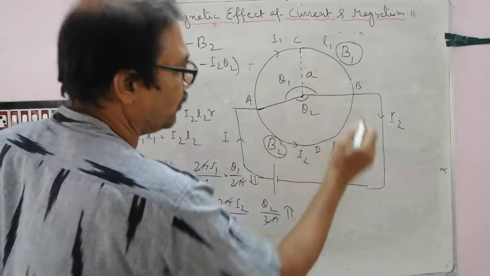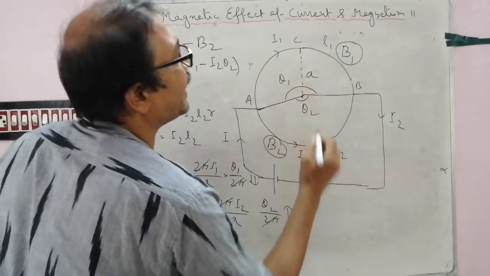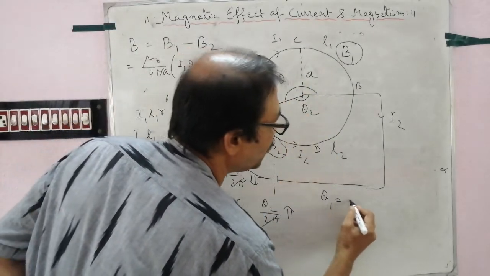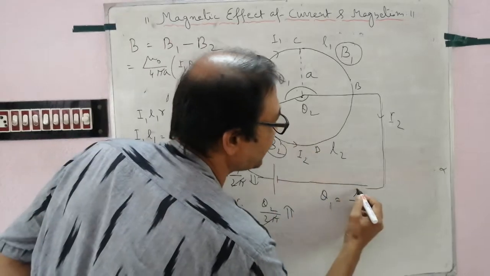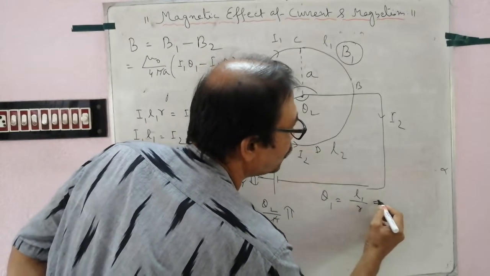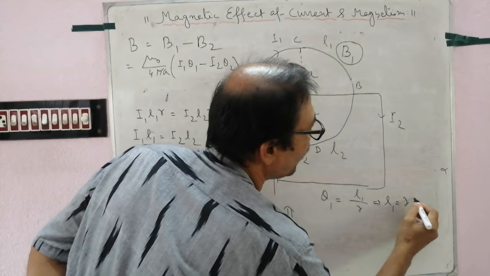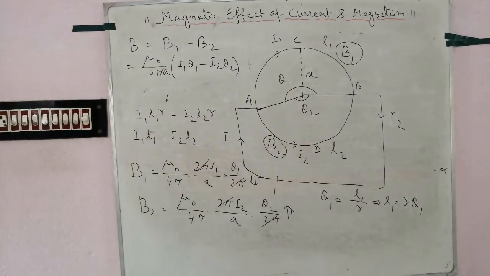From this, the angle theta 1 equals arc by radius, L1 by R, so L1 equals R theta 1.